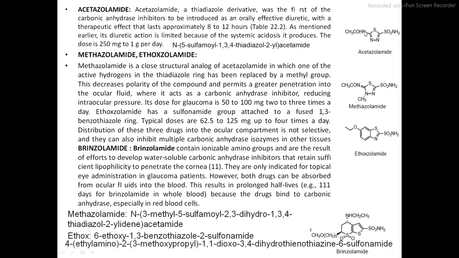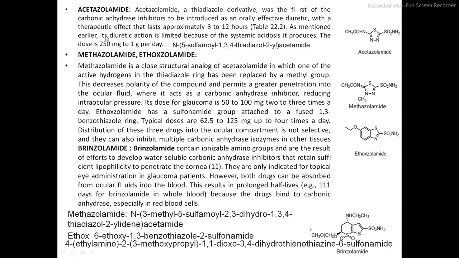So N dash 5 sulfamyl. So this sulfamyl group is present at the fifth position. Hence N dash 5 sulfamyl, 1,3,4 thiazole, 2-yl, and this portion is what? Acetamide. Right. So this is the structure of acetazolamide, and this is its IUPAC nomenclature.